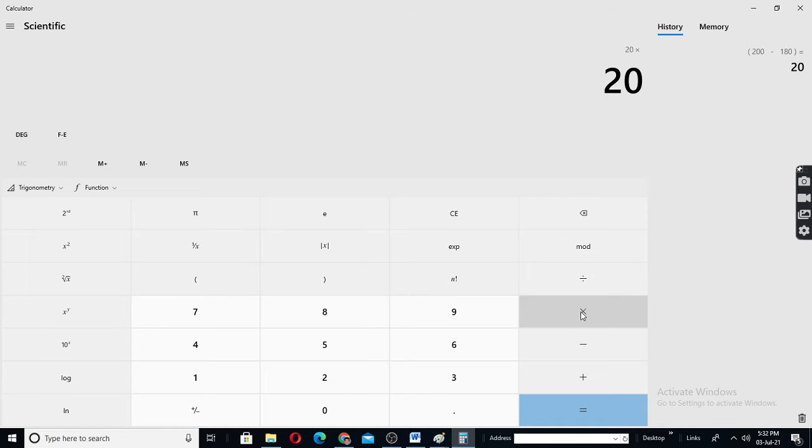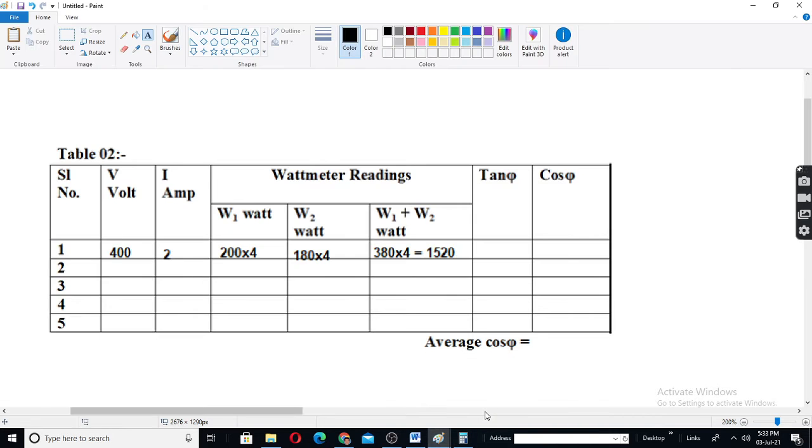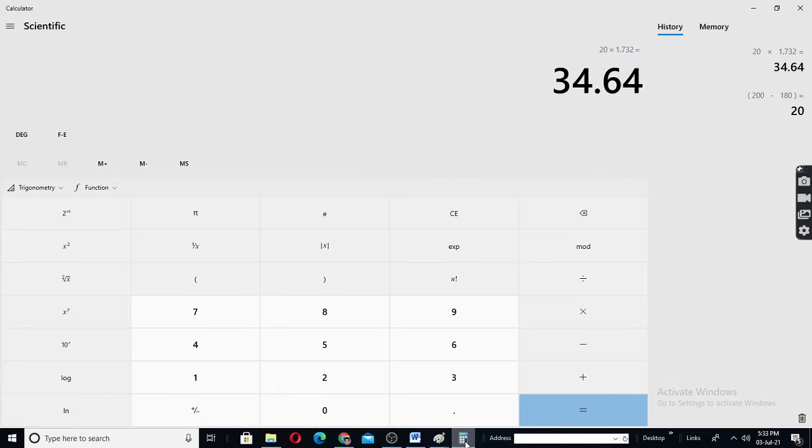So into root 3, 1.732. We will get 34.64 in the numerator. Okay, tan phi. We will get 34.64.